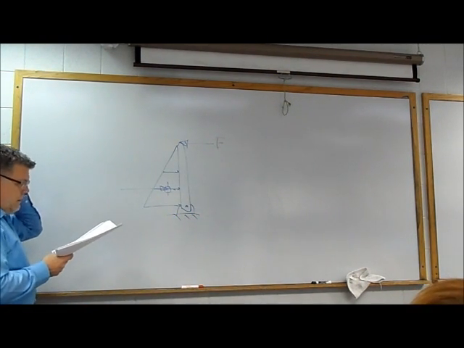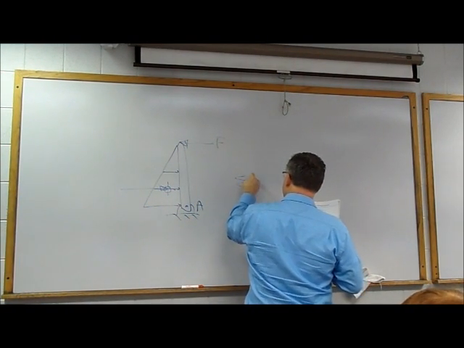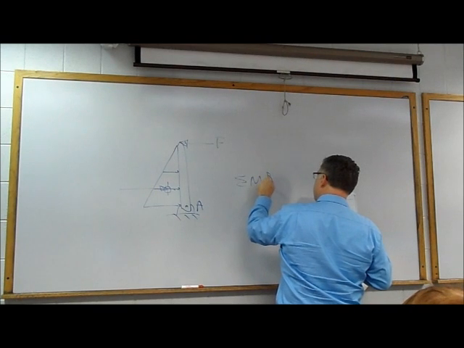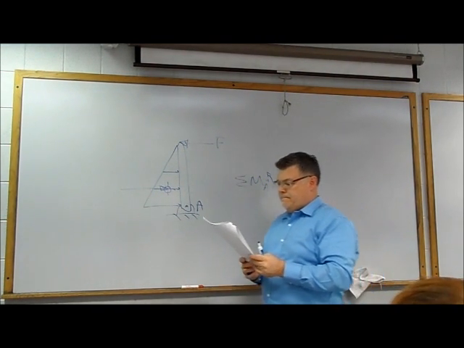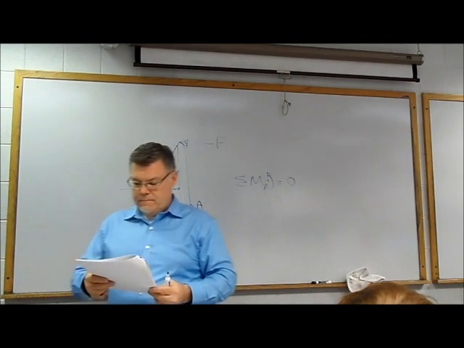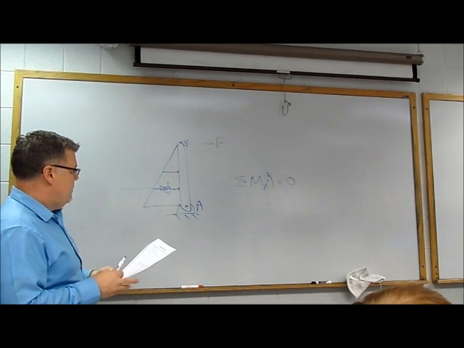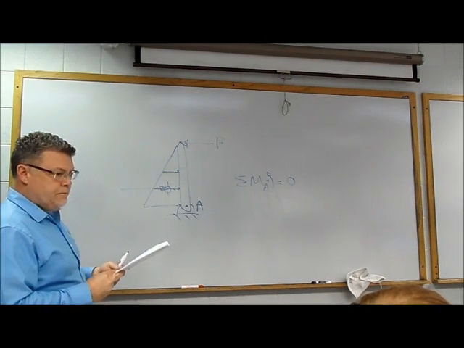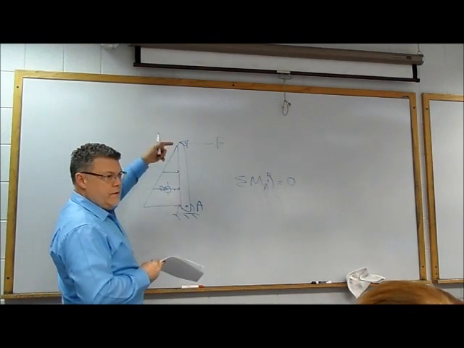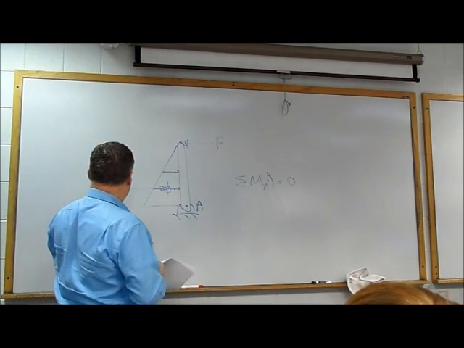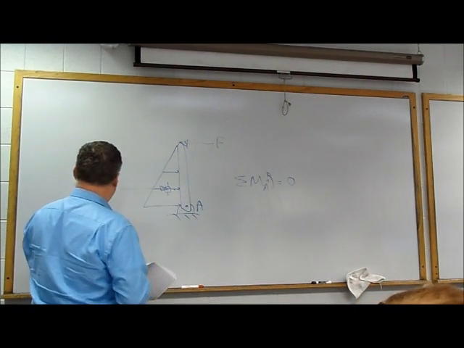We did moments a bunch. It's an equivalency. It's like a distributed load, but then you get the equivalent force right there. So you get the pressure here times the whole area. Pressure is rho g h. Right.